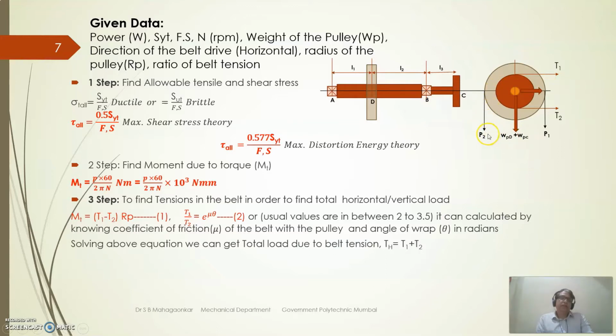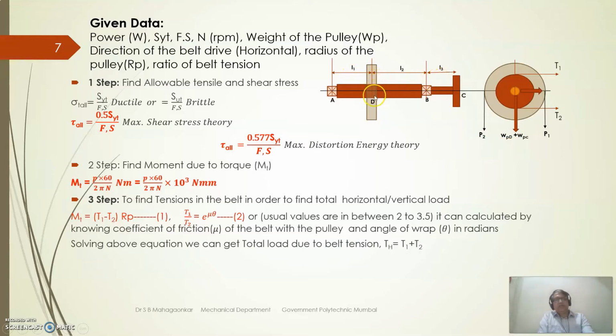The belt tensions are there: P1 and P2 on the bigger pulley, and T1, T2 on the other. It is a horizontal drive here, and a vertical drive there. Again, the weight of the pulley at D and the weight of the pulley at C are given, and the distances also.